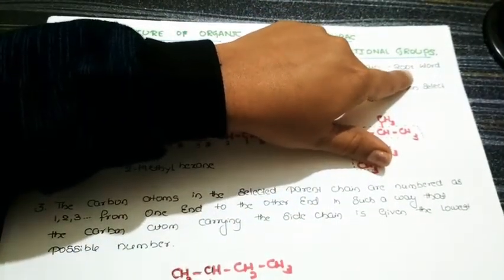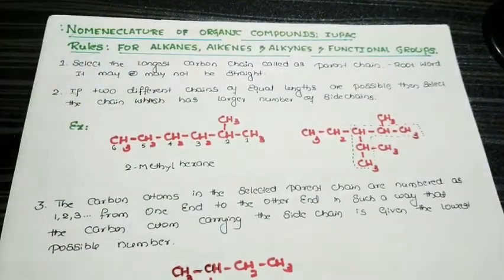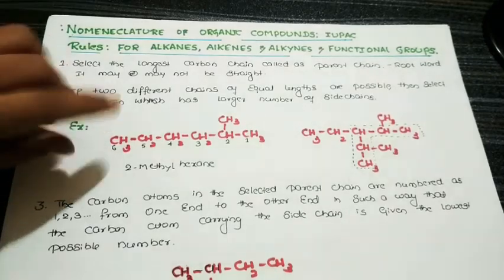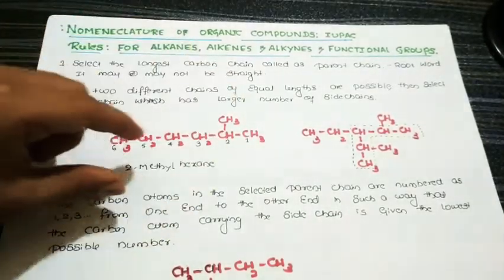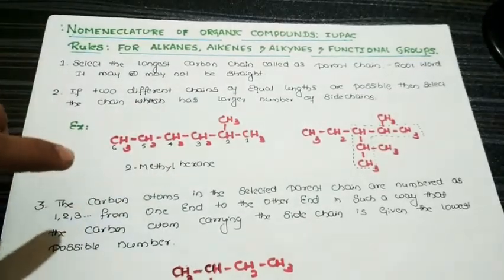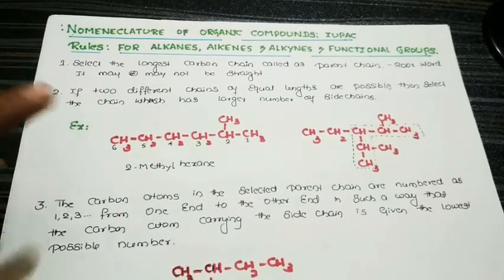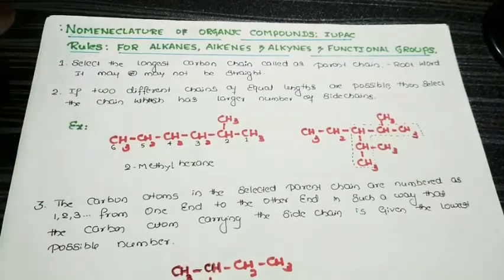Another point we need to concentrate on: it may or may not be straight. If we are selecting the longest chain, it is not compulsory that it needs to be a straight chain. Our goal is to get a chain in such a way that the maximum number of carbon atoms is there, and it may or may not be straight.